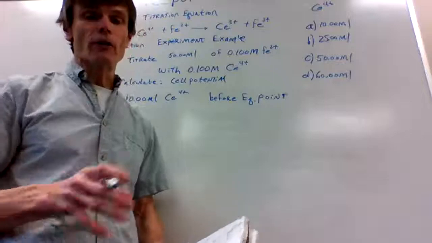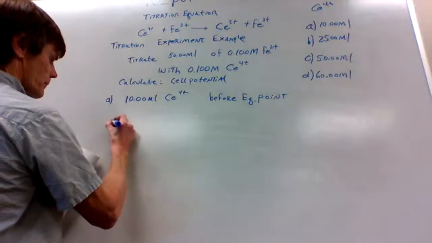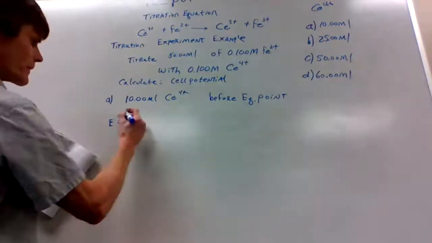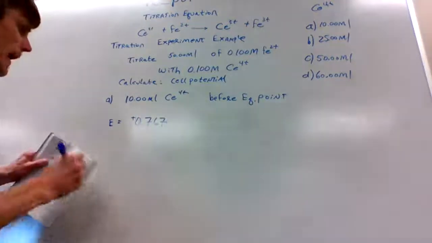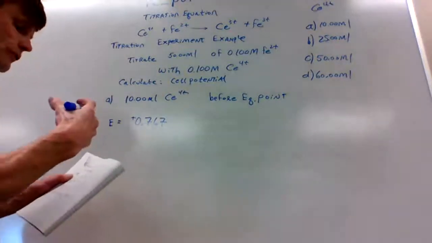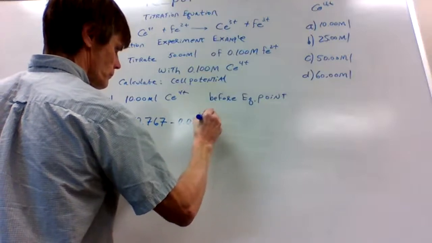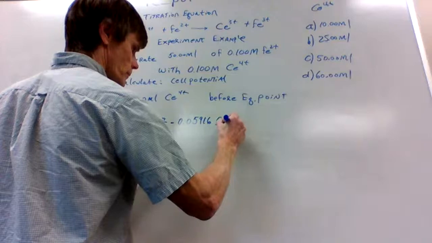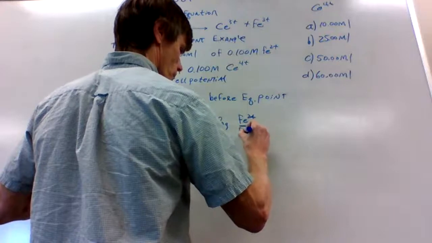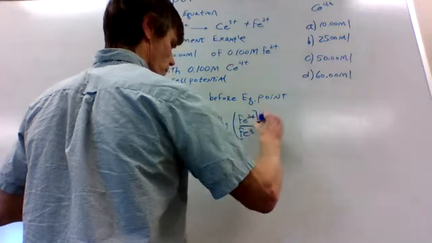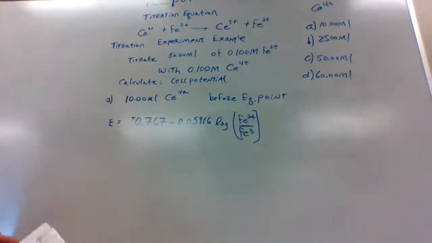The equation that we're going to use to solve this beginning problem, the E that we're going to use, is going to be the half reaction that represents the iron 2, iron 3 cell potential. Everybody good? This is what we're going to use to solve in this region.